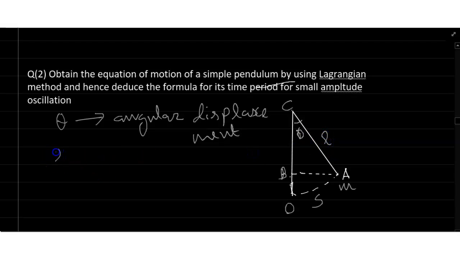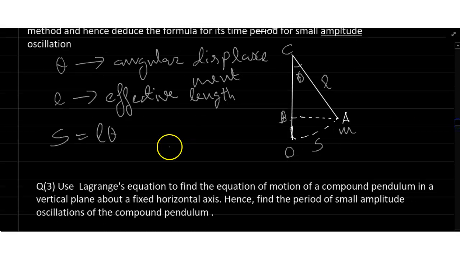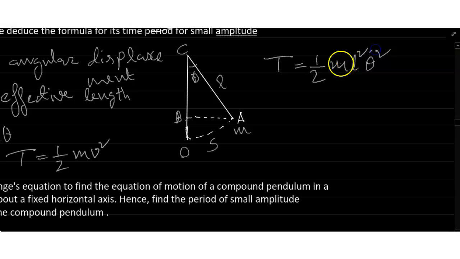Then s equals L theta, and T is equal to half m v square, where v is equal to L theta dot.